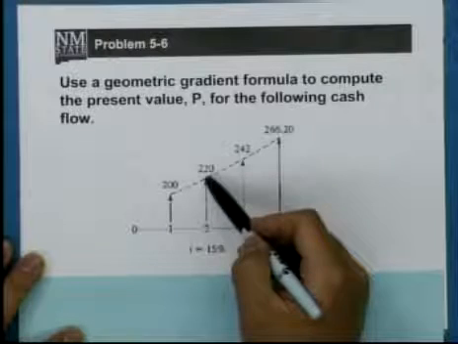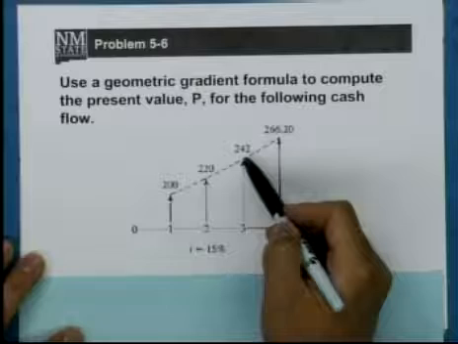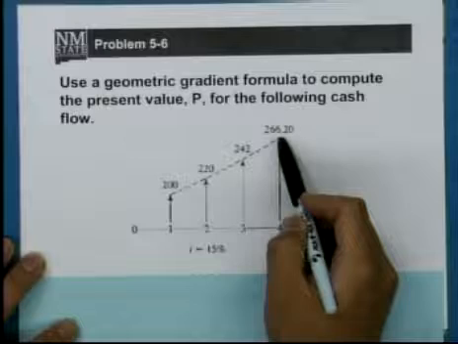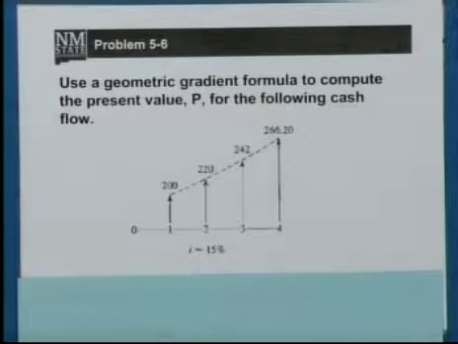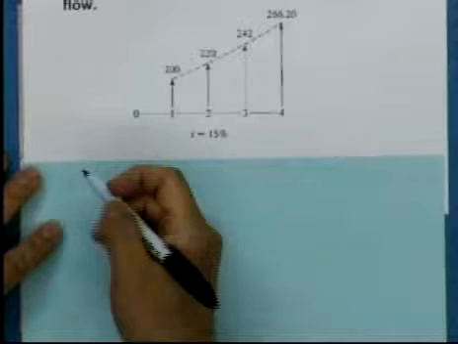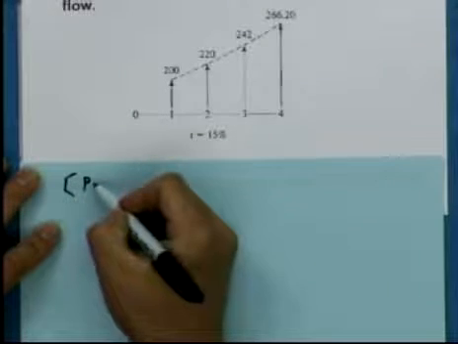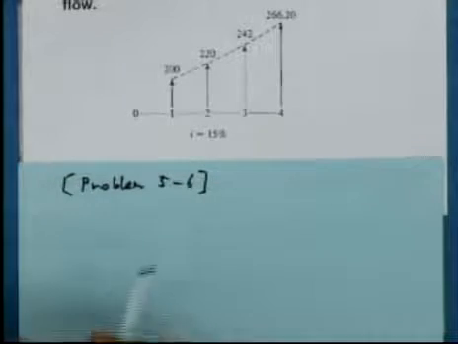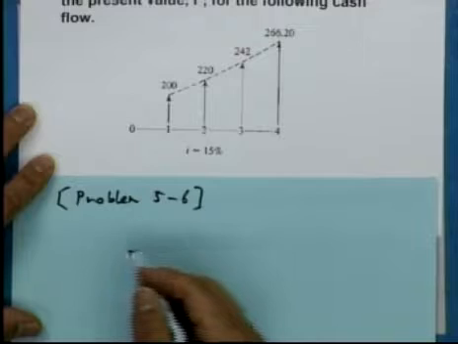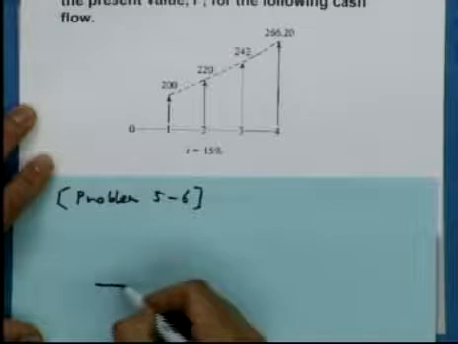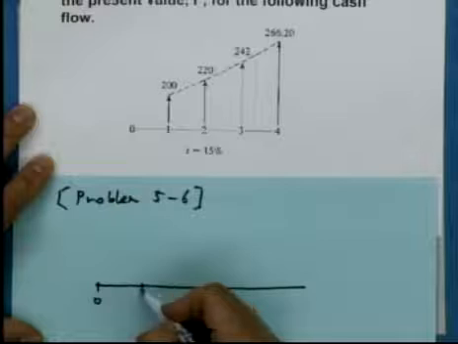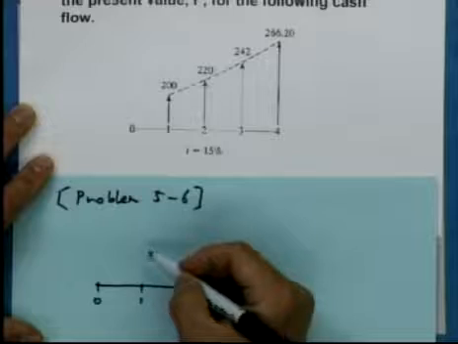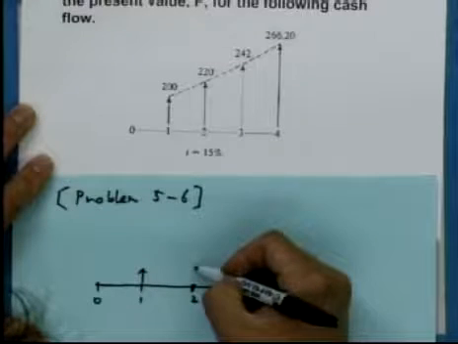200 to 220, 220 to 242, 242 to 266.2. So let me redraw the diagram, because it's not very clear to see the values. So we have 0, 1, 2, 3, and 4.